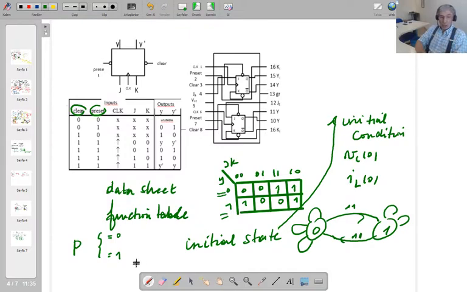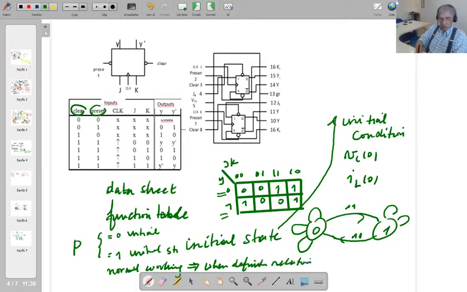The reason is that we are going to differentiate initial state 0 from initial state 1, and also you've got to have another case which is normal working. What I mean by normal working is when the definition relation is active.